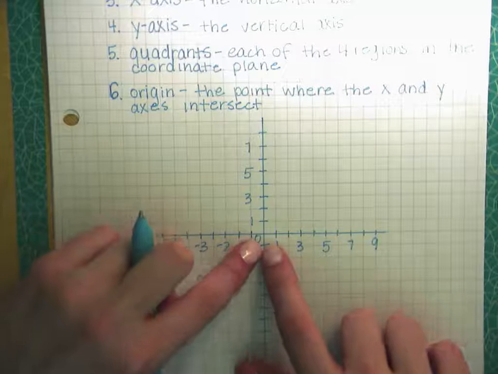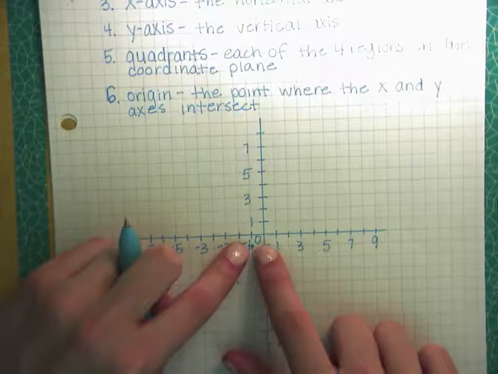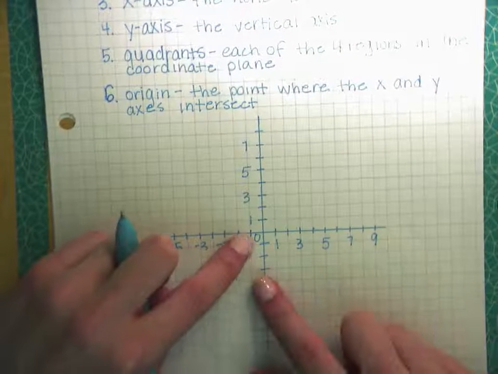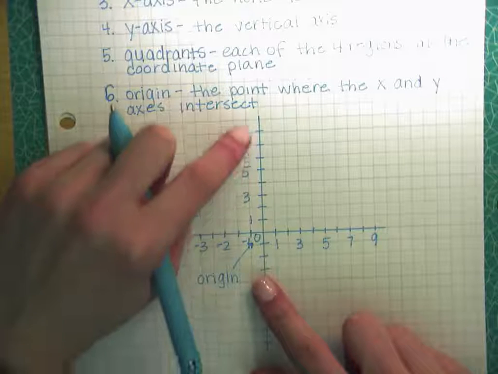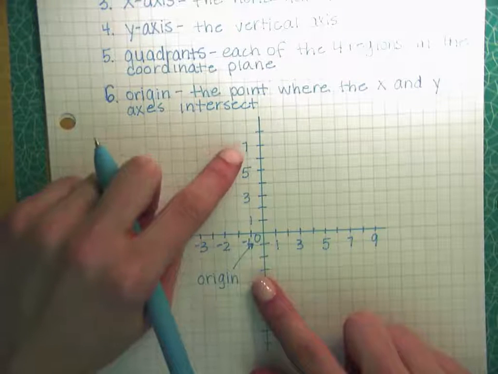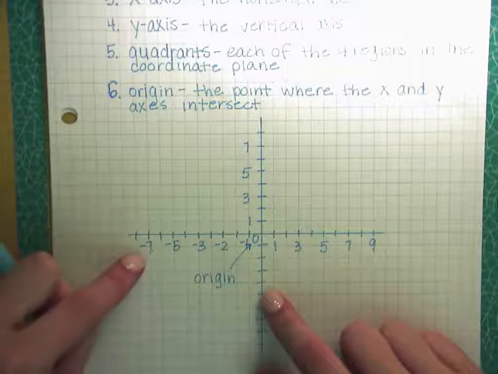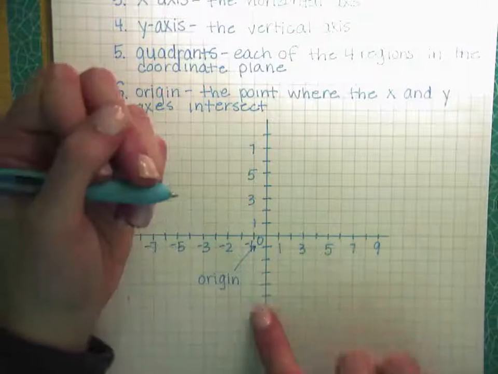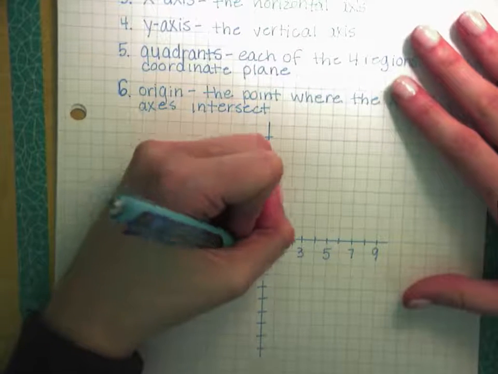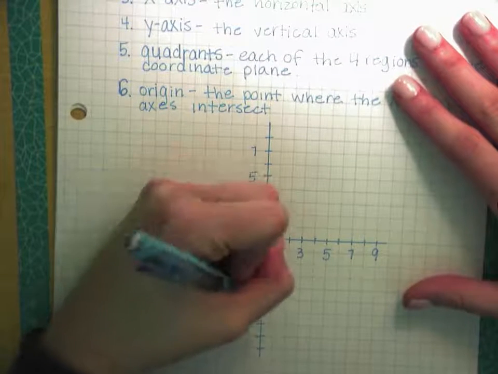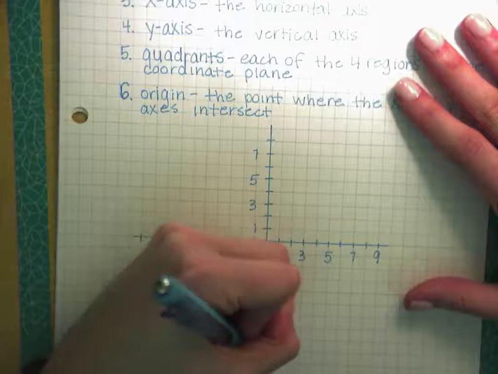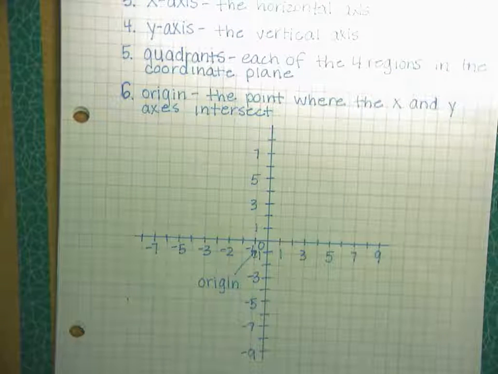So on the axis here, the numbers to the right of 0 are going to be positive, and the numbers to the top of 0 on this axis are going to be positive. But then to the left here is going to be negative, and then down this way is also going to be negative. So you've got to make sure you label those right. Okay?